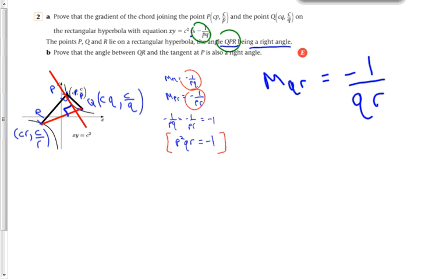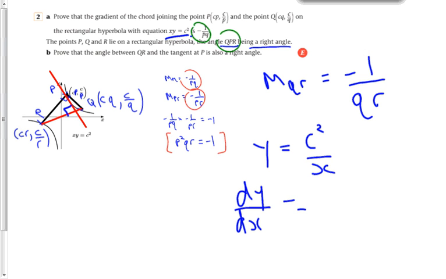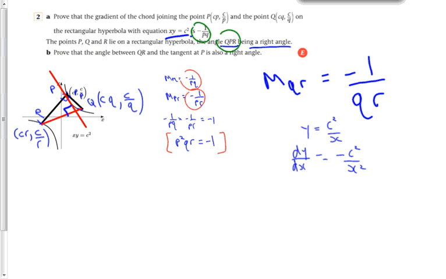Let us now multiply that with the gradient of the tangent at P. How do I work out the gradient of the tangent at P? Just in case some of you are not sure, to find the gradient of the tangent to any curve, you have to find dy/dx. In this case, if I make y the subject, then y is simply equal to c squared over x, and therefore dy/dx is equal to minus c squared over x squared. At any point P, the x coordinate is cp.